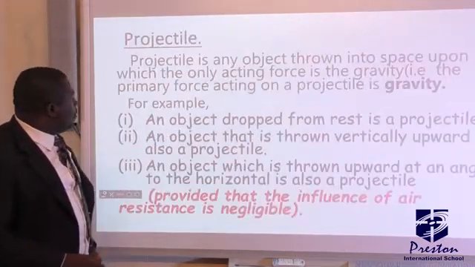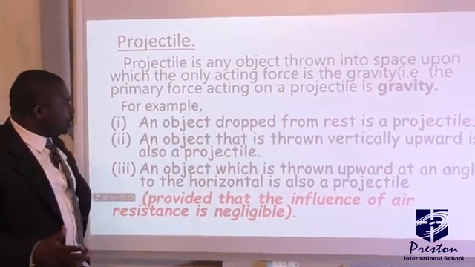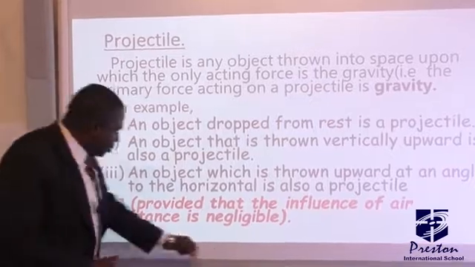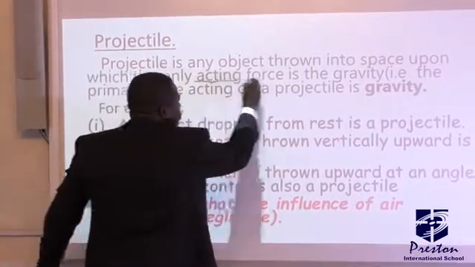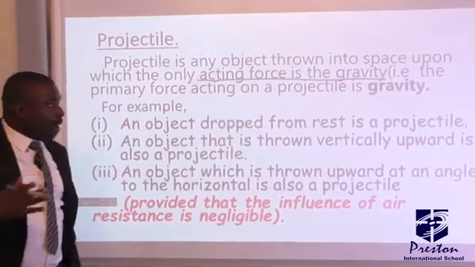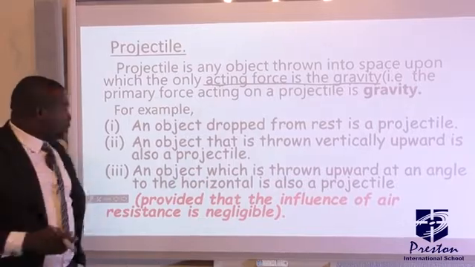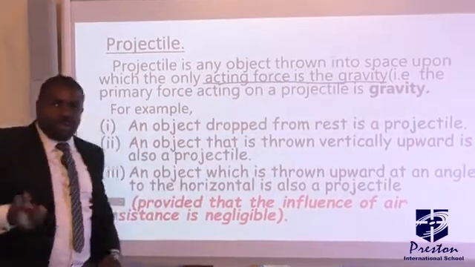So, let's go. A projectile is any object thrown into space upon which the only acting force is gravity. I want you to pay attention that the only acting force is gravity. That is, gravity is the only primary force on a projectile. For example, an object dropped from rest is a projectile.